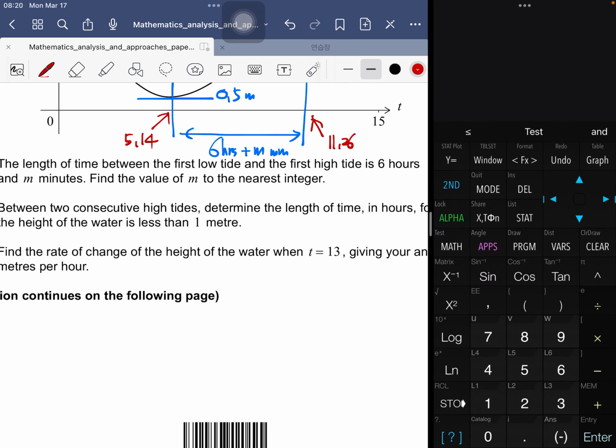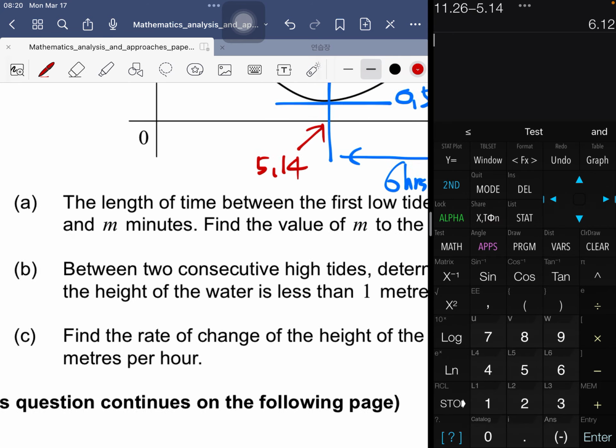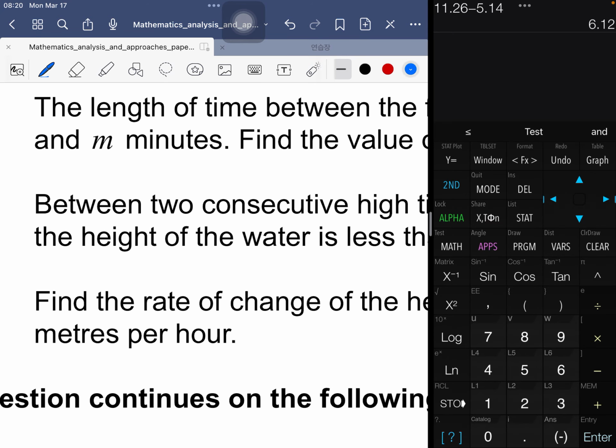Second, we can calculate 11.26 minus 5.14, this is hours, right? That gives us a total of 6.12 hours. So the answer is going to be 6.12 hours, which is 6 hours plus 0.12 hours.